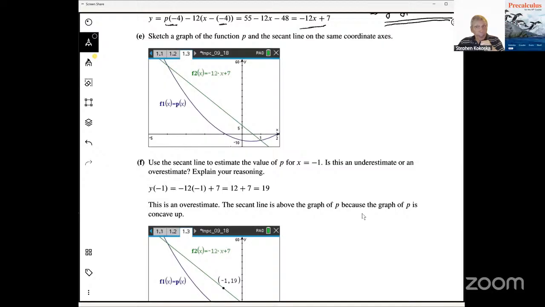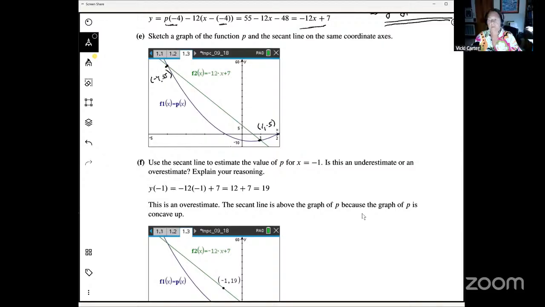If you can see the colors, Curtis, I'm not sure if you can, the blue curve is p of x, and the green curve is a graph of the secant line. I did not mark this on the graph, but here are the 2 points that it goes through. This was 1, -5, and this one over here, I think, was -4, 5, 5. Yes. Pretty good.